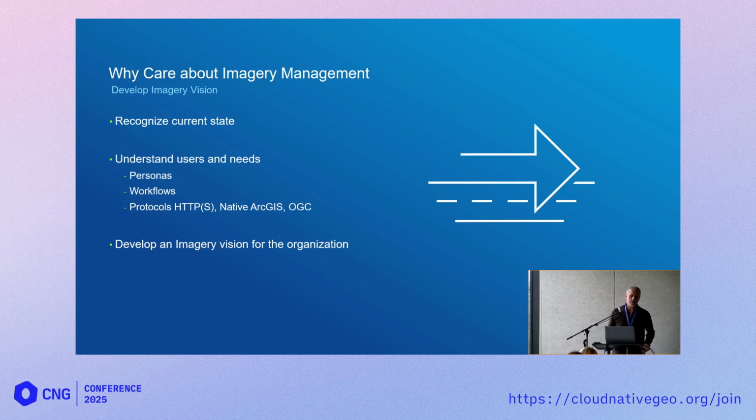They also really need some help typically understanding their users and needs, or just taking a step back and looking at those use cases for each one of the personas. Understanding the workflows, how people access the data. Is it through virtual system paths or HTTPS? And really understanding what type of services. Is it native ArcGIS sometimes? And also OGC. And really, we're helping develop that imagery vision for the organization.